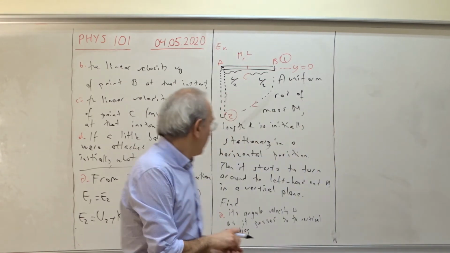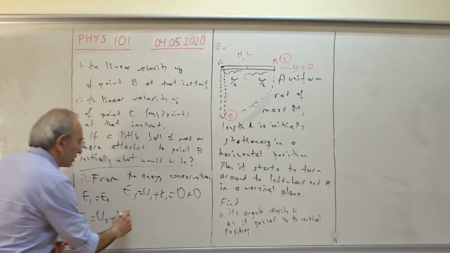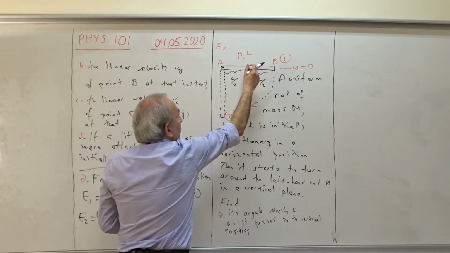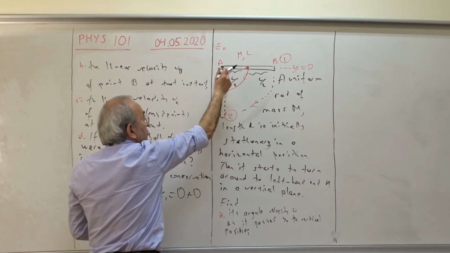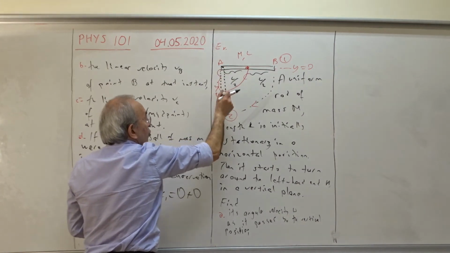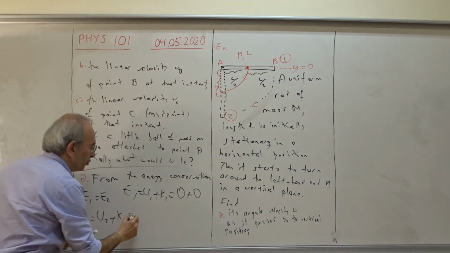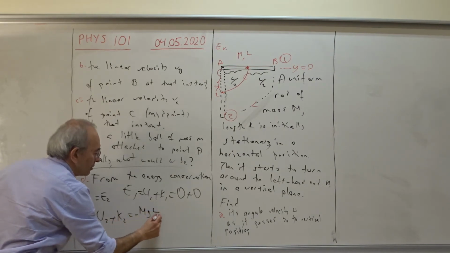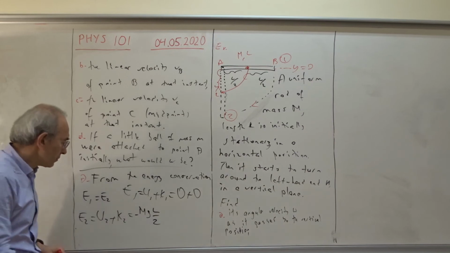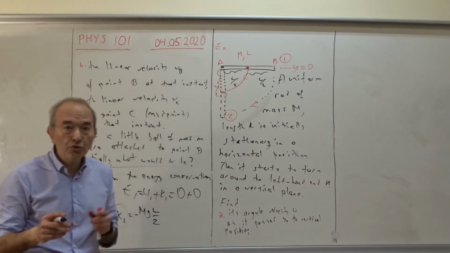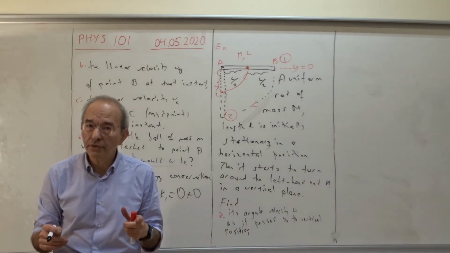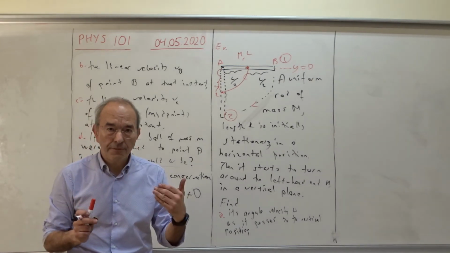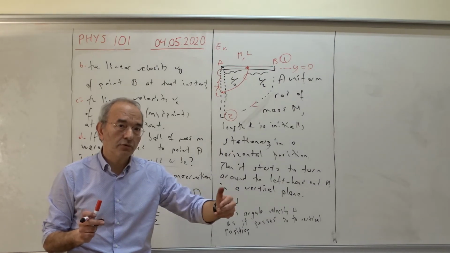So U2 is, when it comes here, the center of mass was here, the center of mass comes here. So what is that distance? It is just L over 2, but negative, of course. Potential is now minus m times g times L over 2. What about the kinetic energy? Do we have anything like 1/2 mv squared? No. We have rotational kinetic energy, 1/2 I omega squared. What is I?